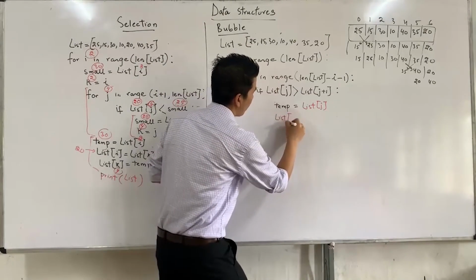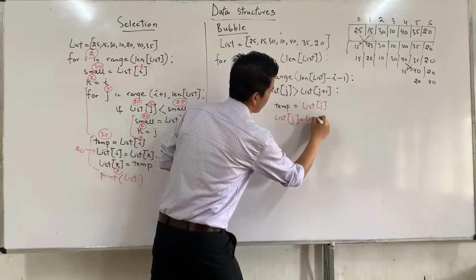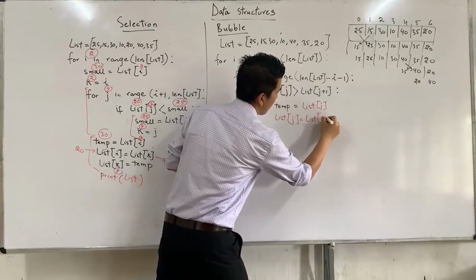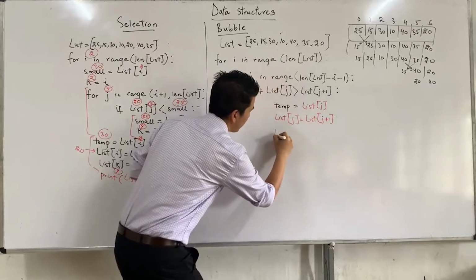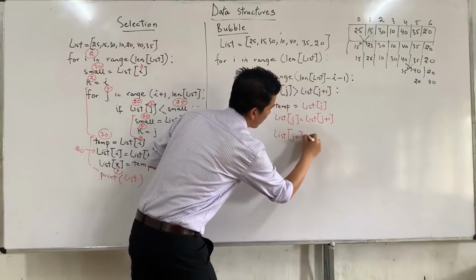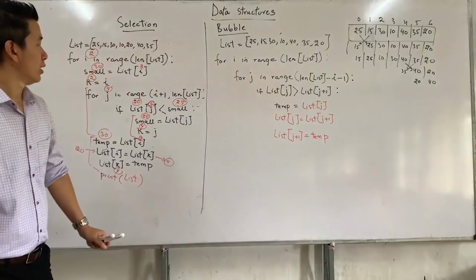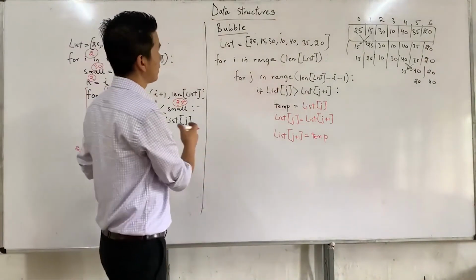Then list of j plus 1 gets the value of temp. So this program is a little simpler than this.